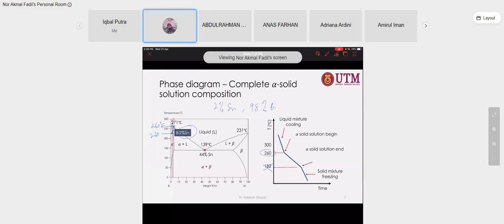This is supposed to be 225, and it keeps reducing temperature. This point is about 100, where the solid solution ends. Sorry, 125 degrees Celsius, where the solid solution of alpha ends, and it is a single solid solution.